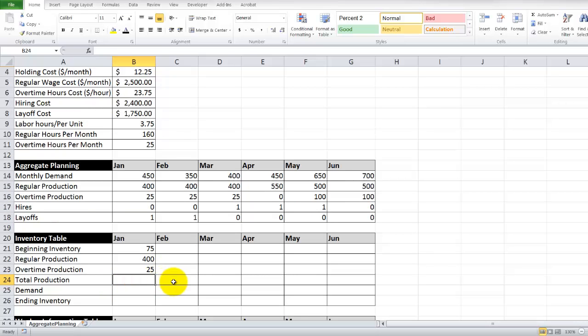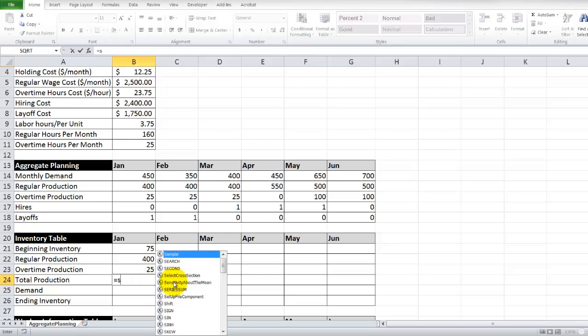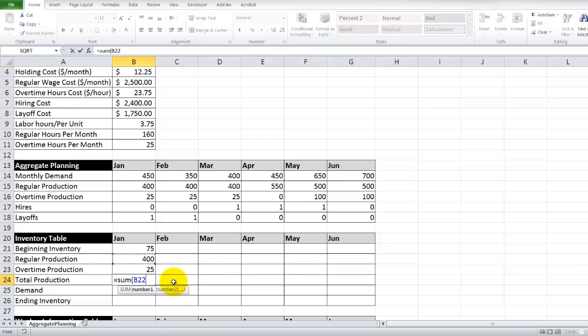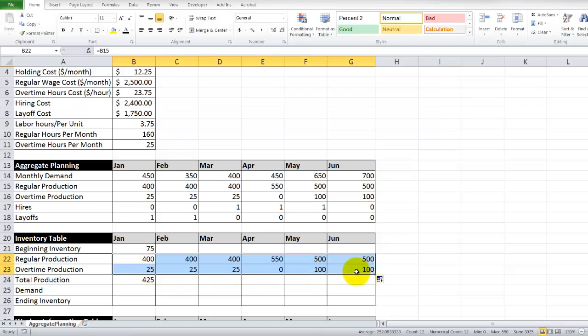Total production will be a sum of the regular and overtime production. Again, we do have duplication. For example, the information of regular production and overtime, we could fill these formulas to the right because they will never change. However, our beginning inventory will, but I don't want to get too far ahead of myself. So I'll just delete that for now, but these formulas will always be the same. Total production will be the same.